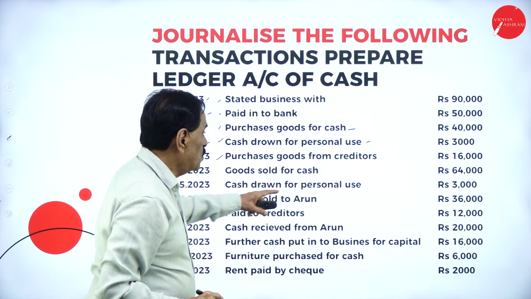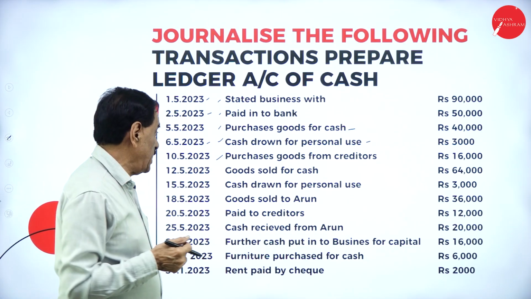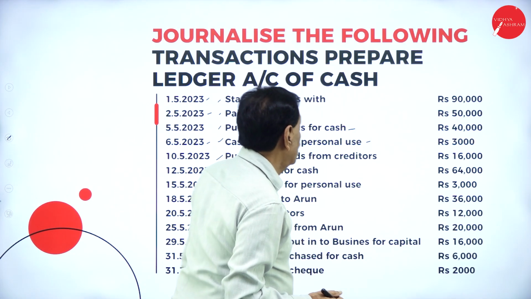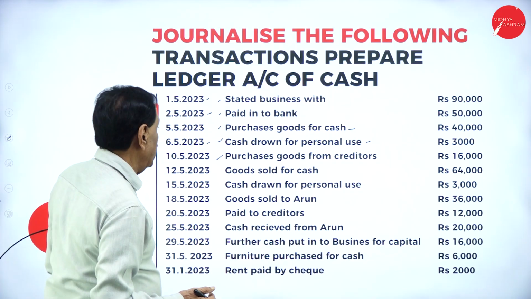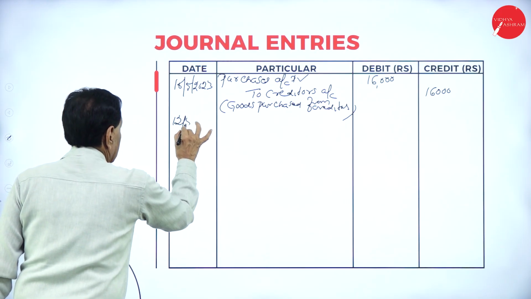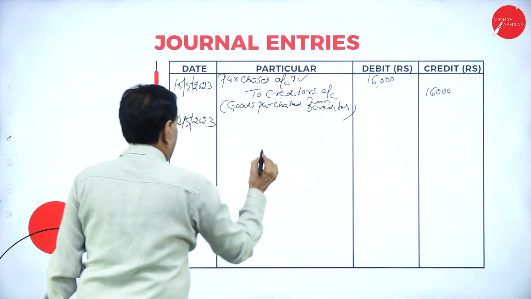12th, goods sold for cash. We are selling the goods. Goods are going out, cash is coming in. How much money? 64,000. On which date? 12/5. Goods sold for cash.